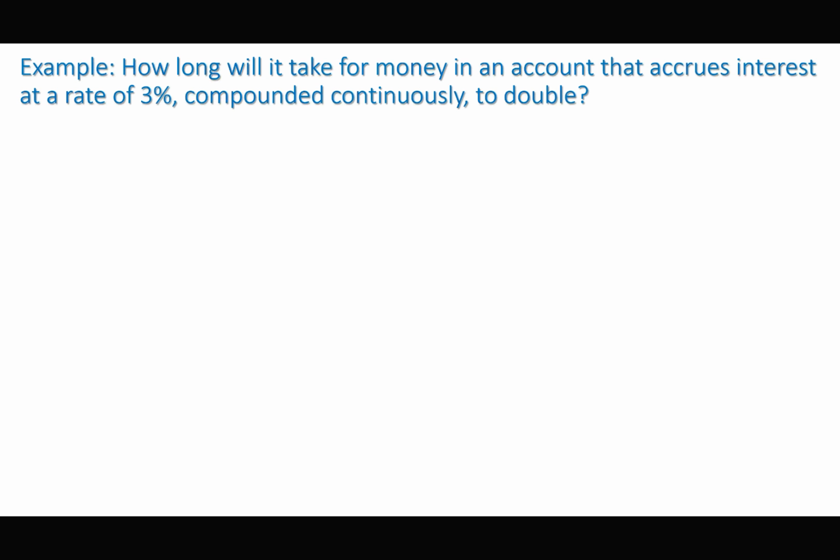How long will it take for money in an account that accrues interest at a rate of 3%, compounded continuously, to double? All right, so I got $5. How long is it going to take for that to turn into $10? I have $2,000. How long is that going to take to turn into $4,000? We're trying to figure that out.